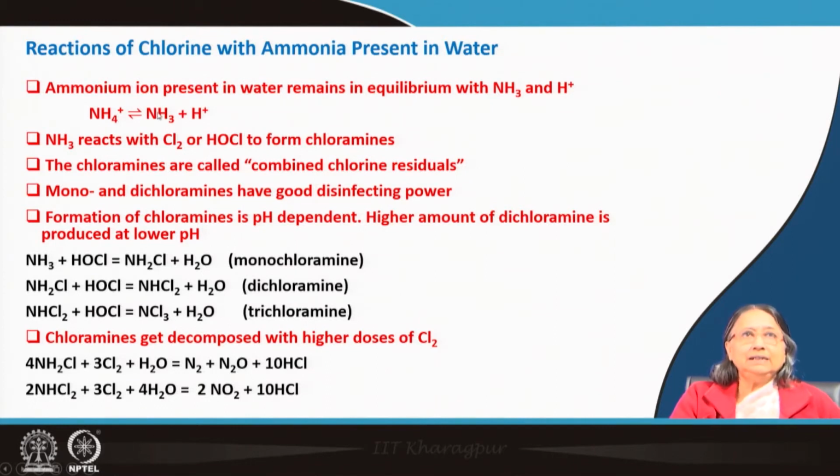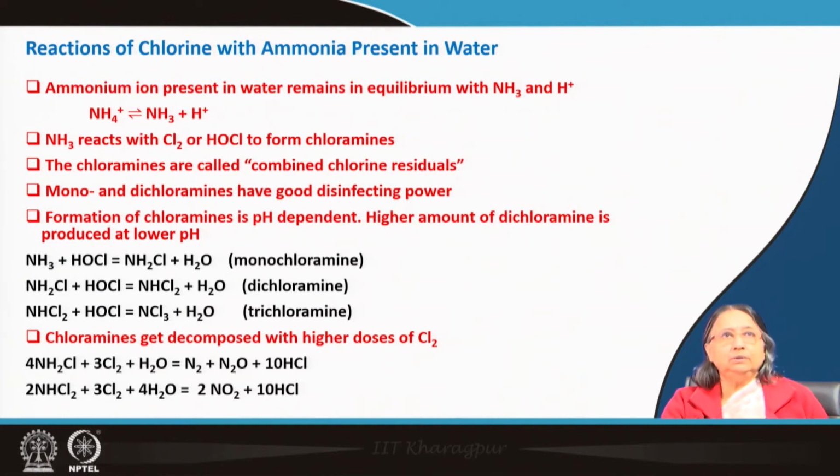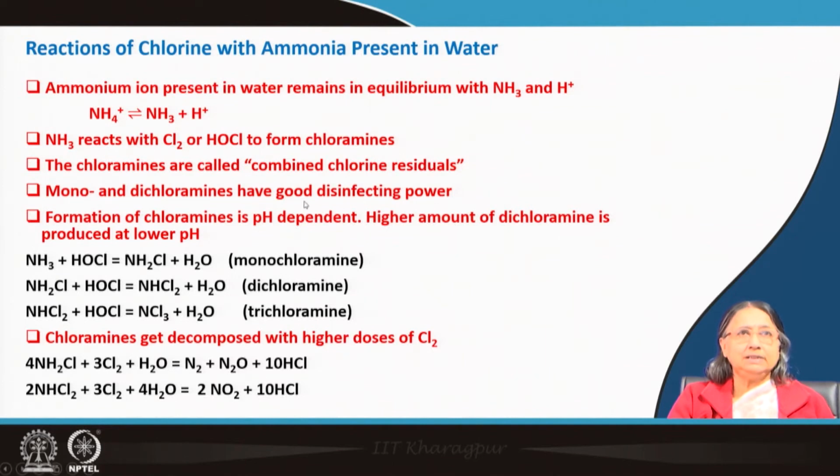Now, how does it react? NH3 reacts with chlorine or HOCl to form the chloramines. You can see I have shown you the reactions here. The chloramines are called combined chlorine residuals.